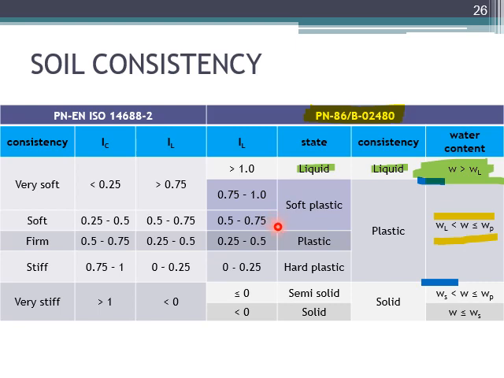But if you now look at the European standard, PN 14688, we will notice that the plastic limit is staying at the boundary between very stiff and stiff consistency, but the liquid limit, which should be somewhere here, doesn't have really any meaning.